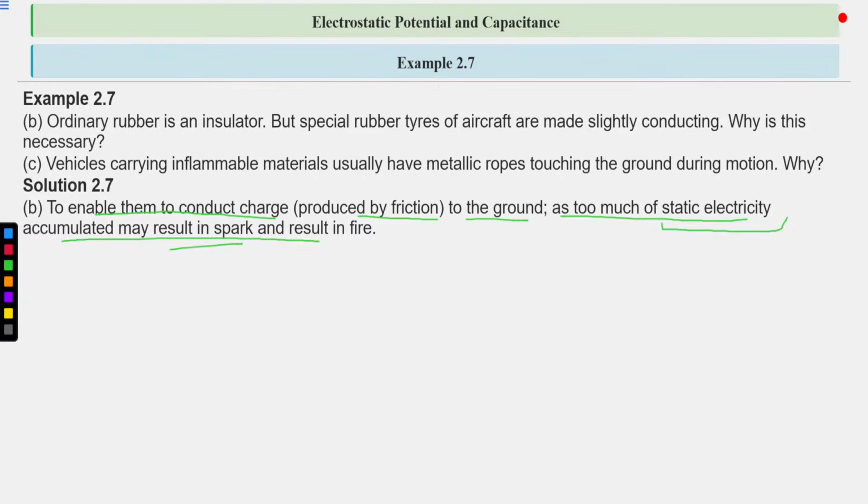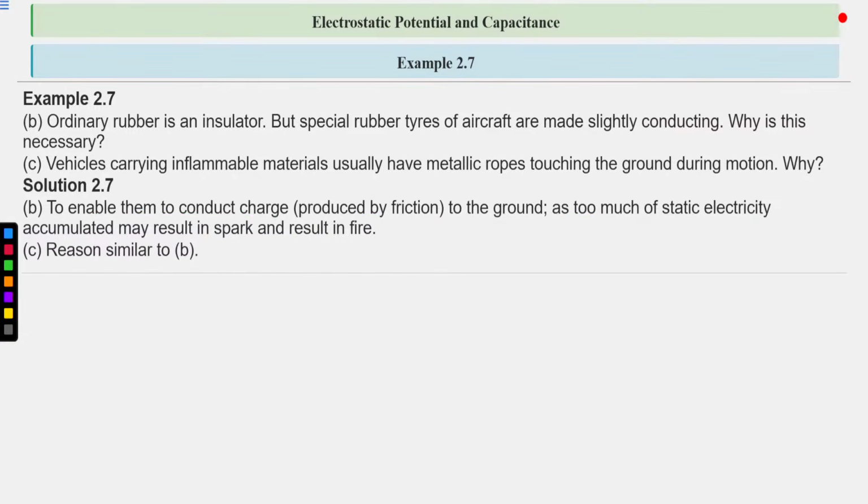To avoid that, the rubber tires of aircraft are made slightly conducting, so that the large amount of static electricity that is accumulated will go into the ground, will dump into the ground. So accumulation of charges is hence reduced to avoid the spark or fire conditions.